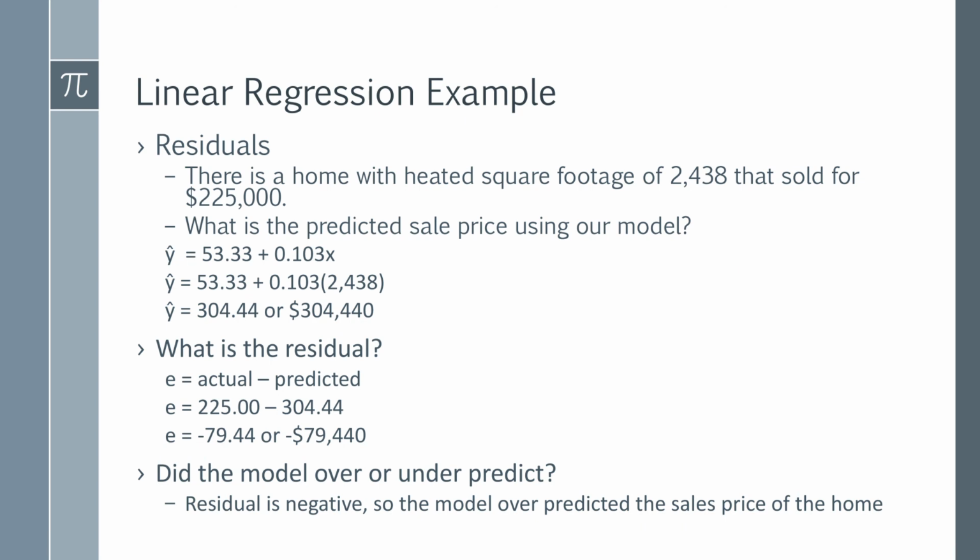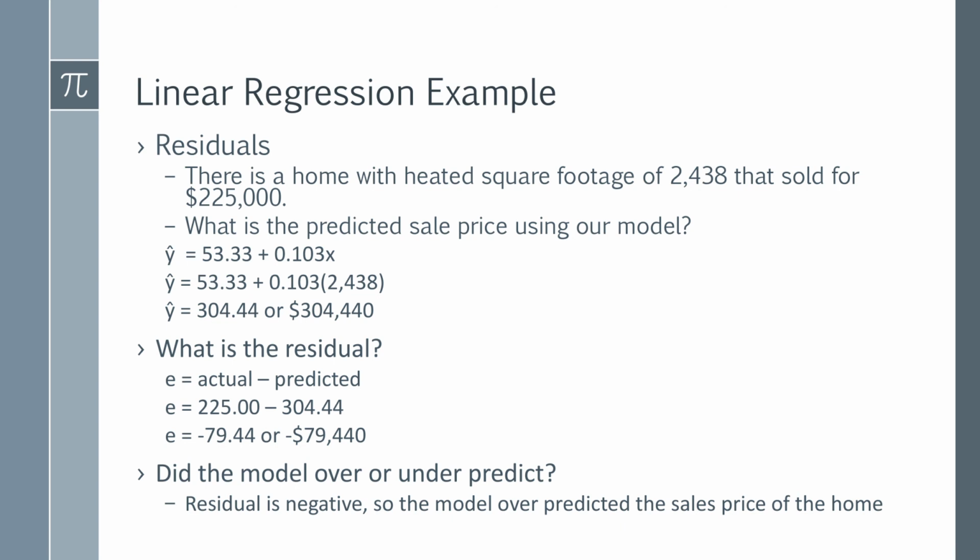Okay, what is the predicted sale price using our model? So you take the 2,438, put that in the model for your X, and solve for your Y hat, and that gives you 304.44, or $304,440. So what is the residual?